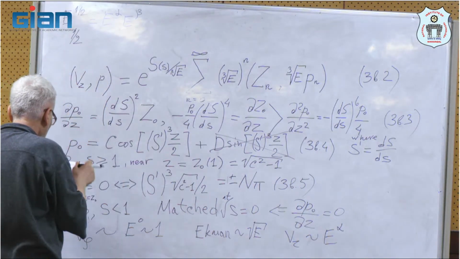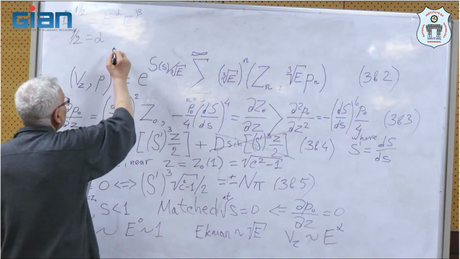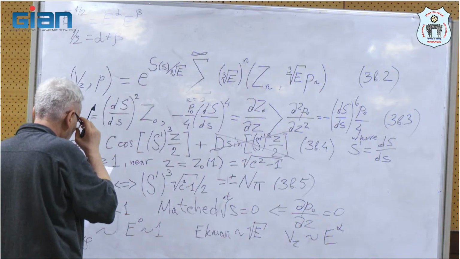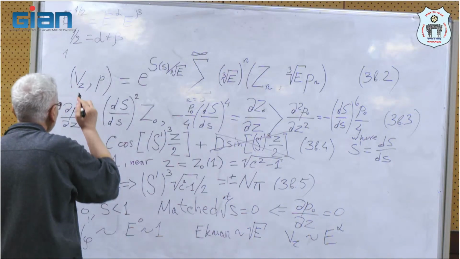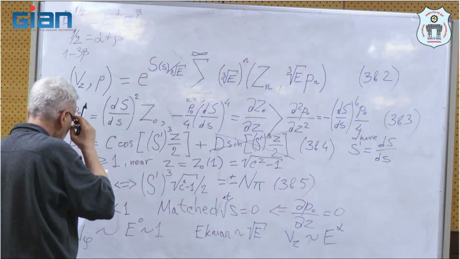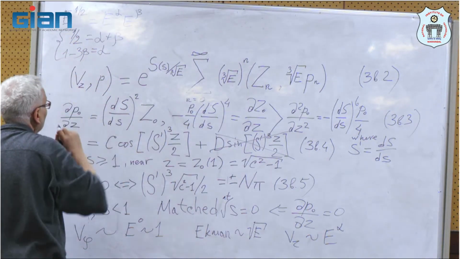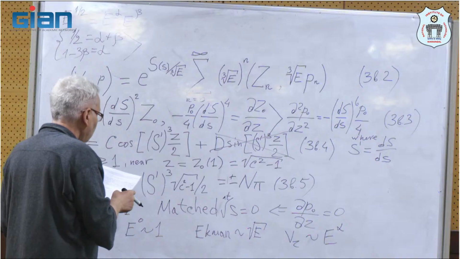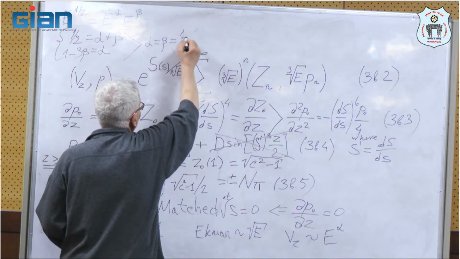Again, the linear system: 1/2 is equal to alpha plus beta, and also 1 minus 3 beta equals alpha. The consequence of this system is rather simple: alpha is equal to beta and equal to 1/4.